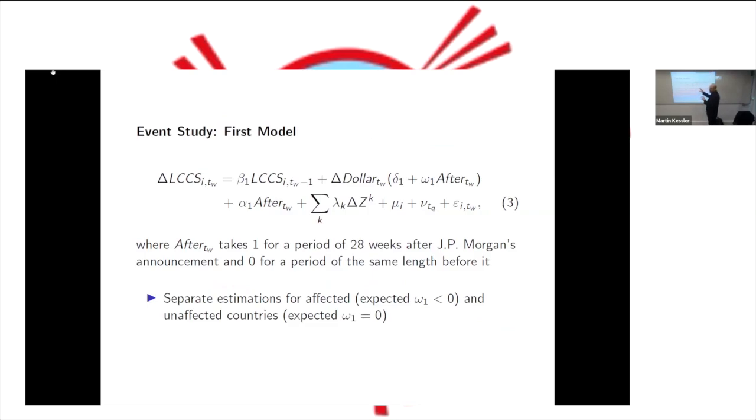There is another paper from Zhou 2023 that tries to do both things, looking at the effect on local currency credit spreads but also on currency risk, to see if there's any difference. They find an impact on the currency risk, let me put it that way. But the fact that I'm controlling for it here is how I argue that there is still some impact on the local currency rate.